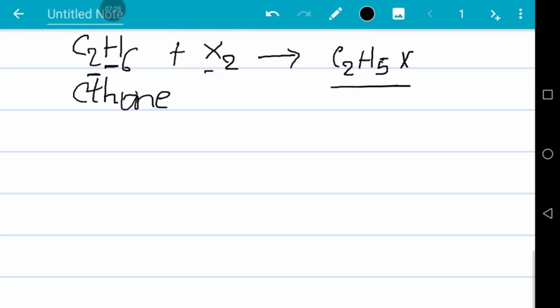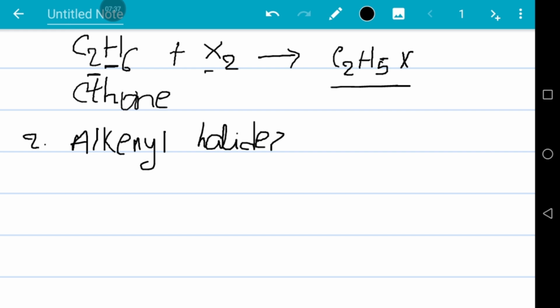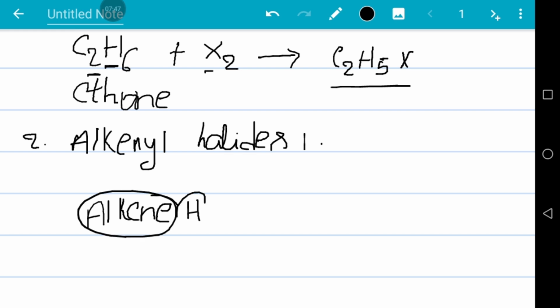Next, the second one is the alkenyl halide. Alkenyl halides means from an alkene, hydrogen is replaced by the halogen, then we will get the alkenyl halides.